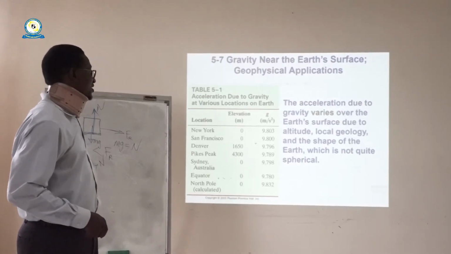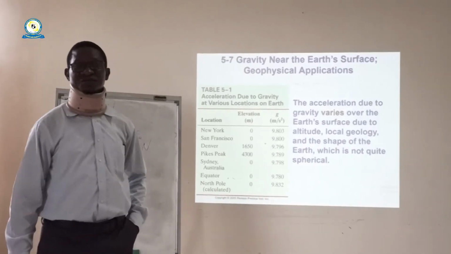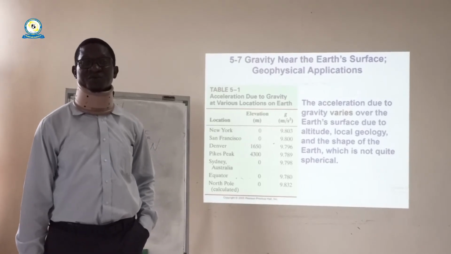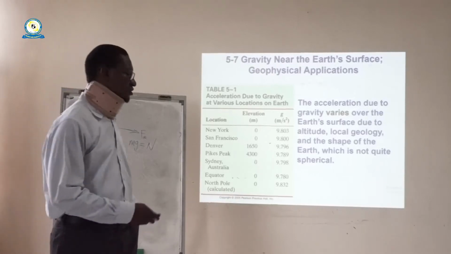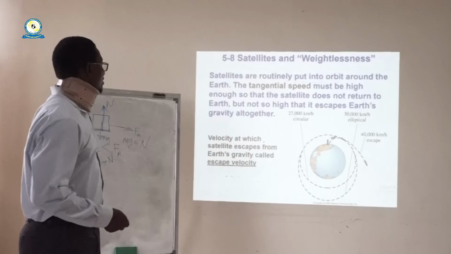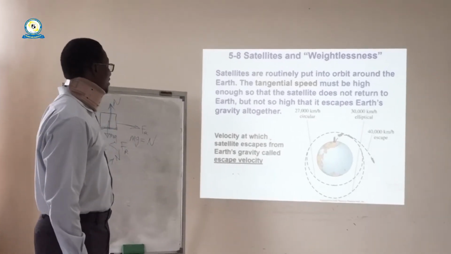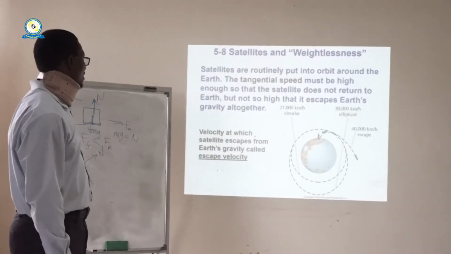The acceleration due to gravity varies over the Earth's surface due to altitude, local geology, and the shape of the Earth, which is not quite spherical. It's an oval shape. Satellites and weightlessness. Satellites are routinely put into orbit around the Earth.